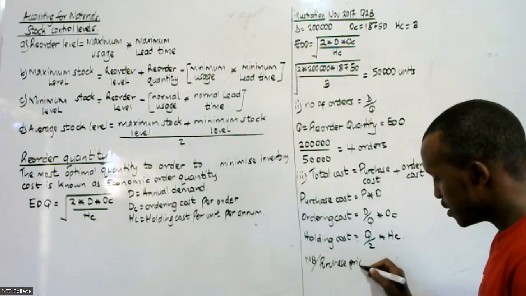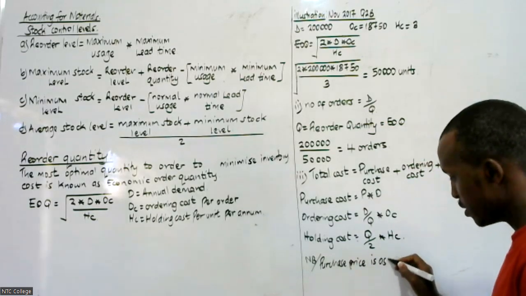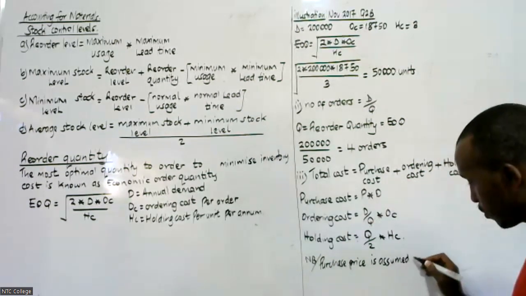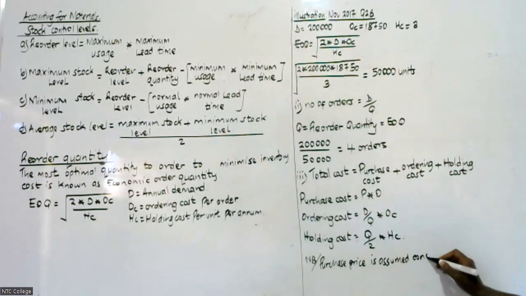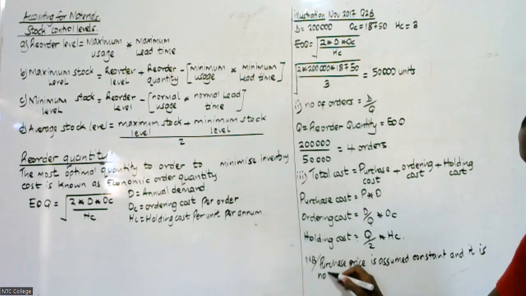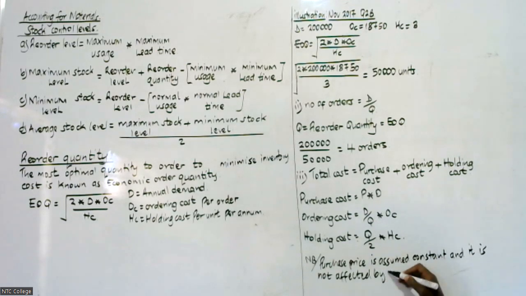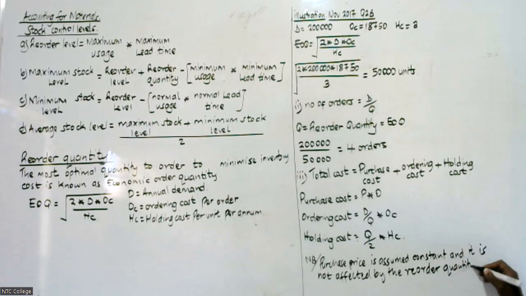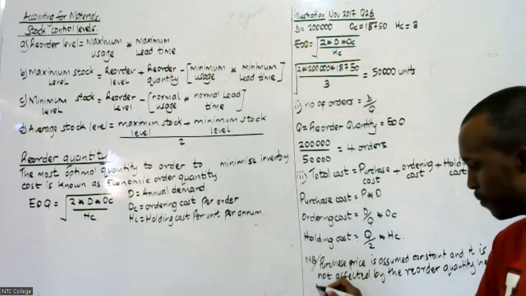The purchase price is assumed constant, and it is not affected by the reorder quantity Q. Hence, it is irrelevant for decision making.